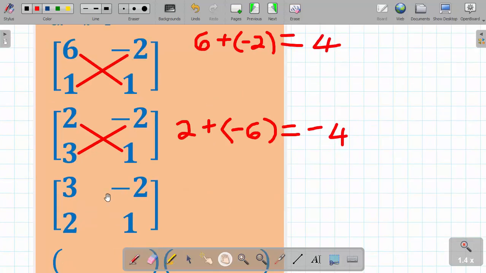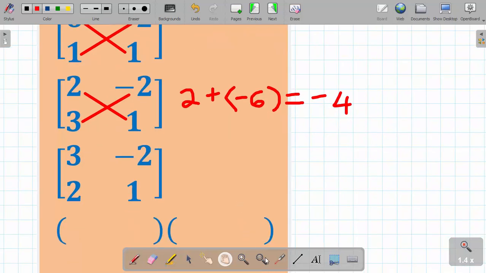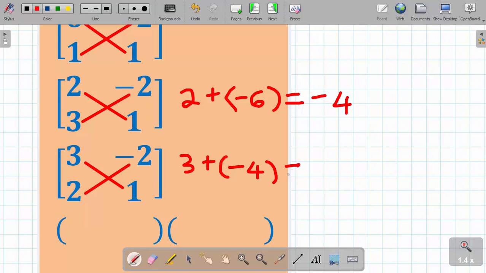Now check this out. 3 times 1 and then plus 2 times negative 2. Now 3 times 1, guys, is positive 3, and then plus 2 times negative 2 is negative 4. Now when I add negative 4 plus 3, I get negative 1.